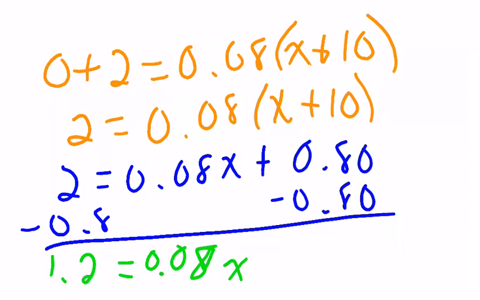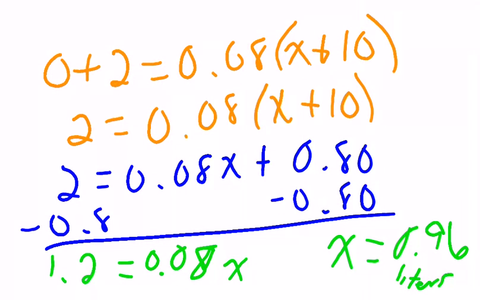And then we have to divide by 0.08. So 1.2 divided by 0.08 gives us 15 liters. So we need 15 liters of pure water to dilute that mixture to an 8% acid solution.